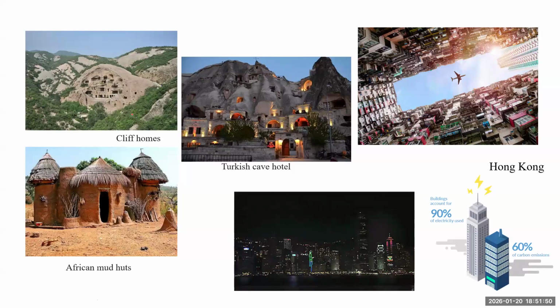And now you see, especially like for Hong Kong, we have high-rise buildings. So we need artificial lighting. We need electricity for vertical transportation, for ventilation, for air conditioning, and for our electrical appliances.